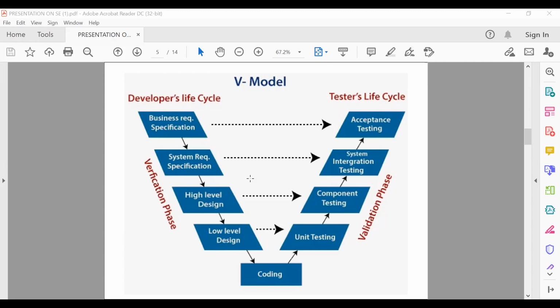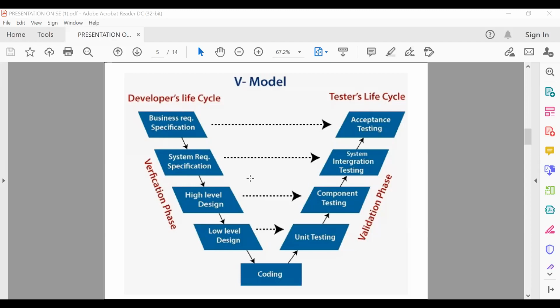Sir, system integration testing tests the complete application with its functionality, interdependency, and communication. So it tests the functional and non-functional requirements of the application.